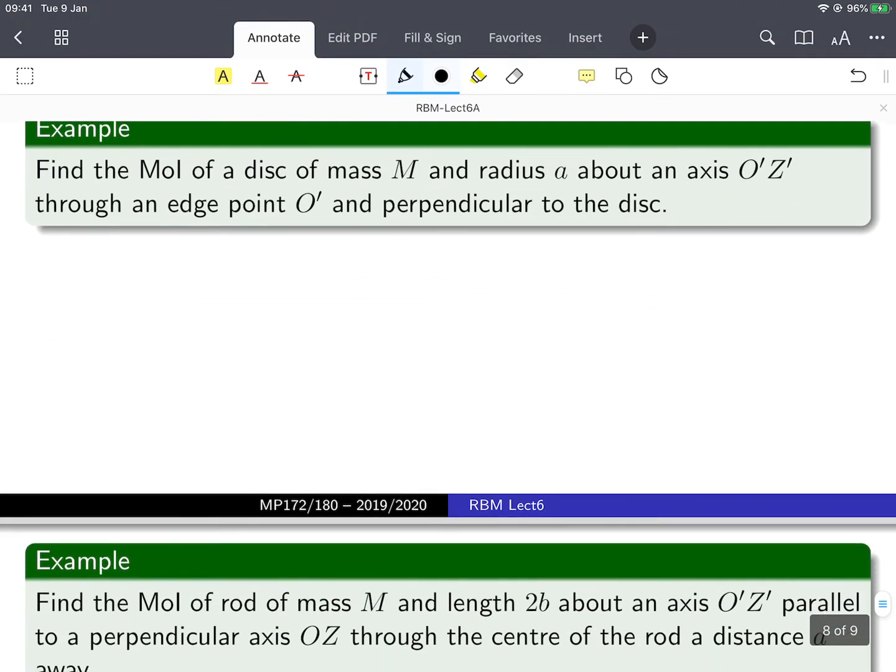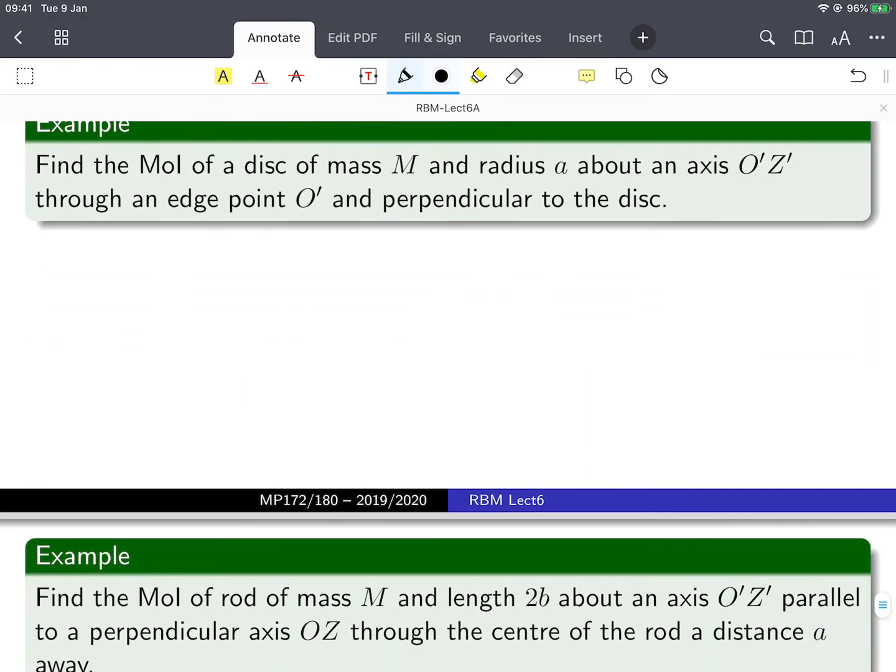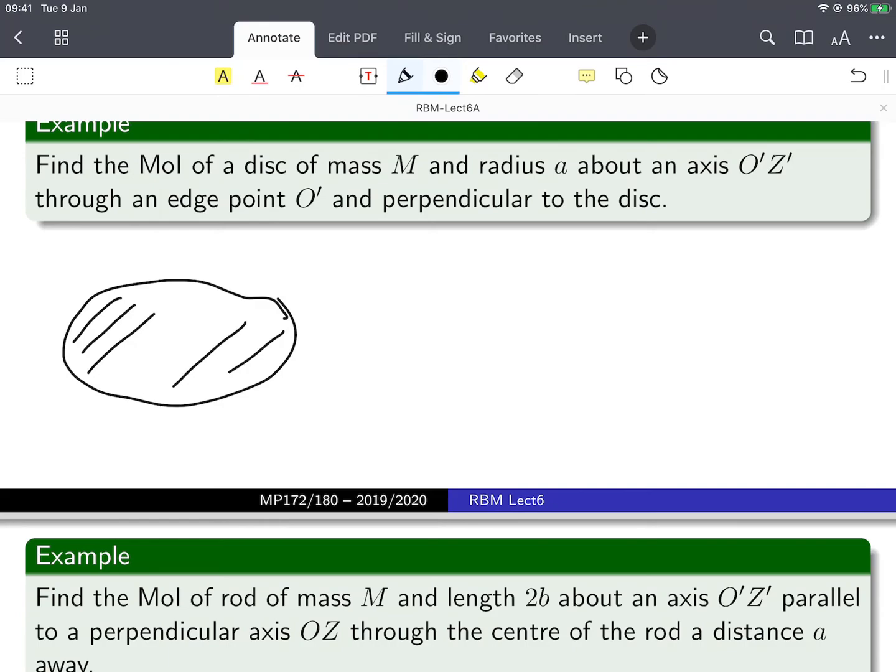Okay, so now we can answer this question. What's the moment of inertia of this mass M, is my disk rotating about this axis? Interesting point. An axis perpendicular to the disk, but just touching it on the edge.